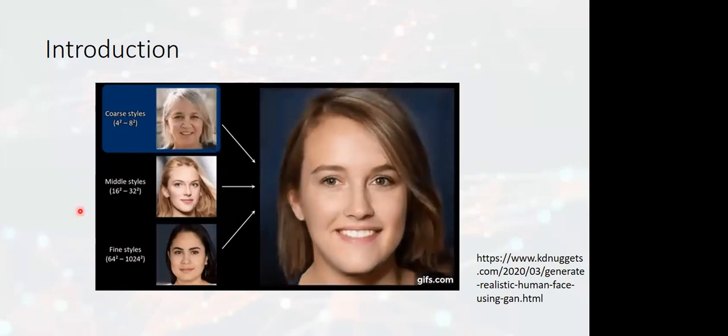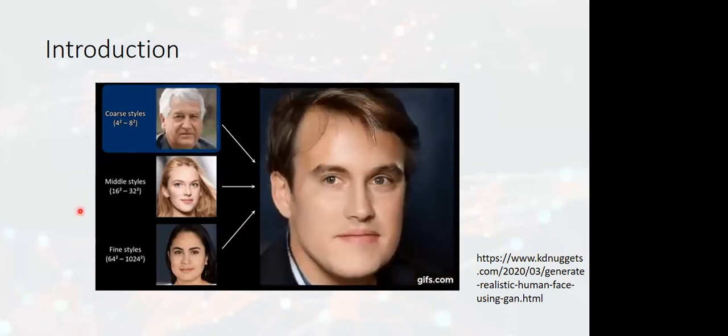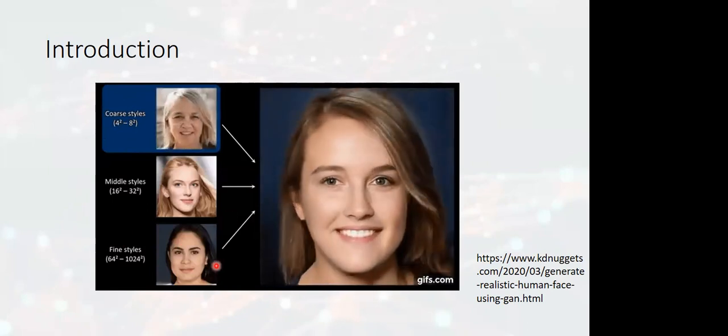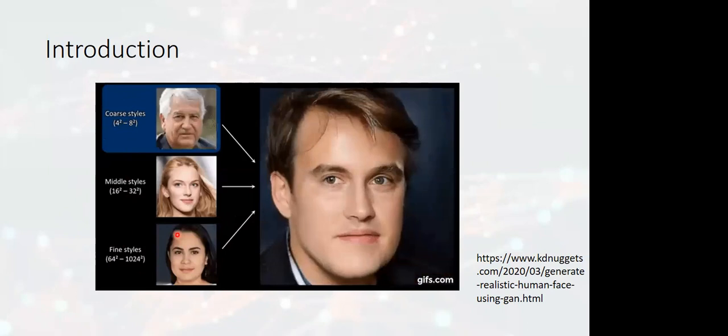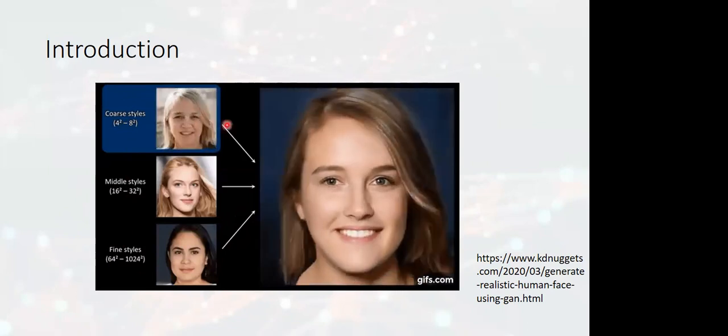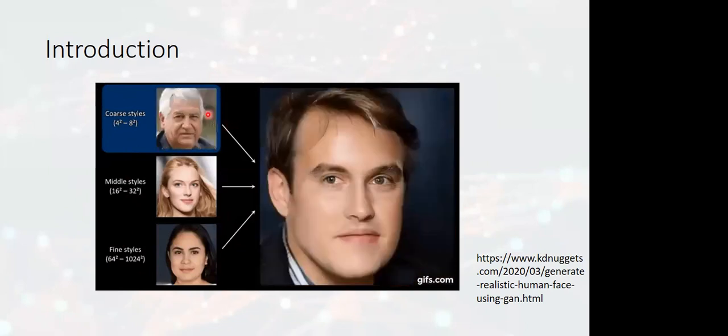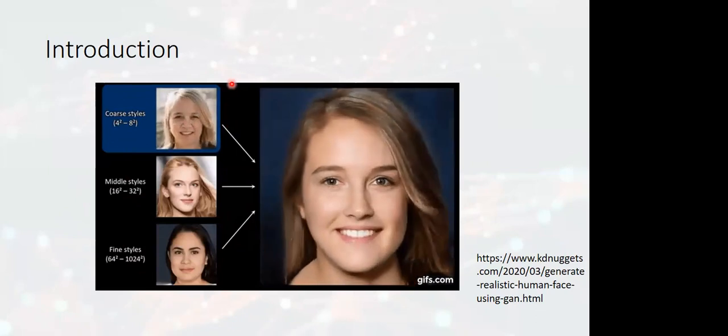These are basically the frequency decompositions of the image, and you're saying, retain the features which you have in the middle and the fine style images, and start changing the coarse style images, and give me the interpolation between these three faces.